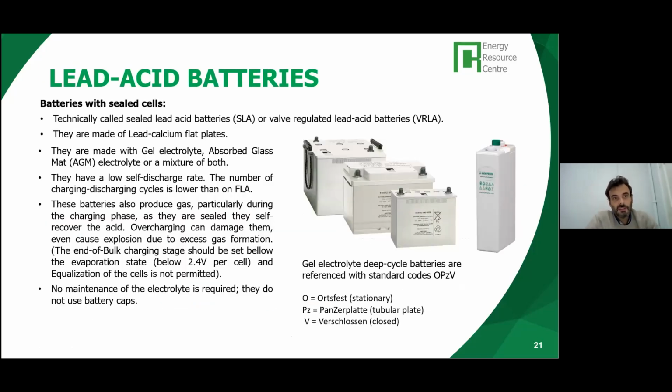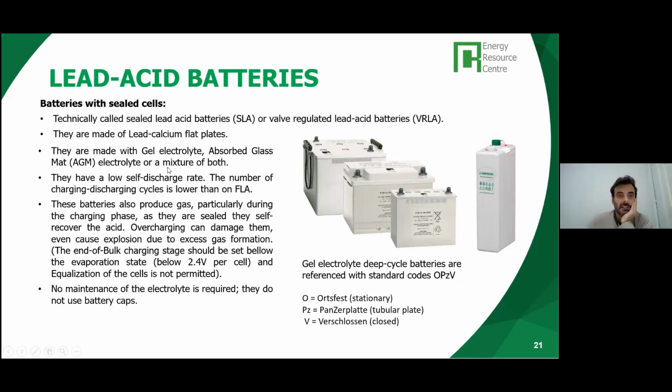The other type of lead acid batteries most commonly found in solar projects are the sealed batteries, known as SLA or valve-regulated lead acid batteries, the VRLA. These are also known or sold as maintenance-free batteries.